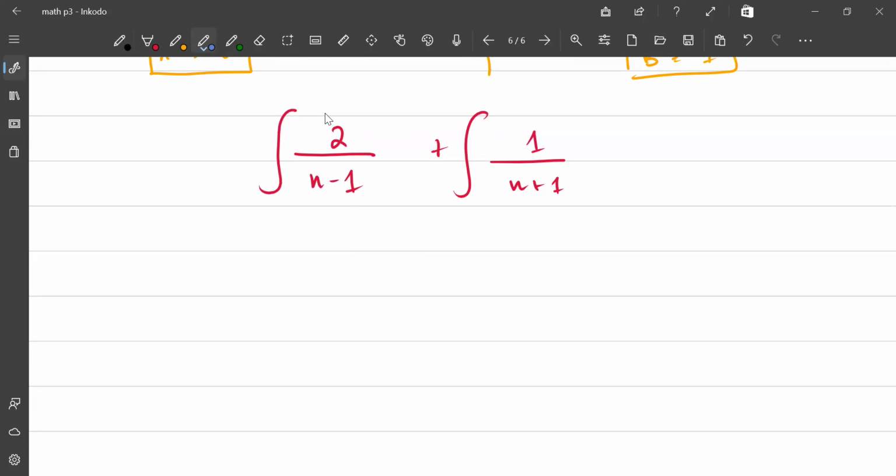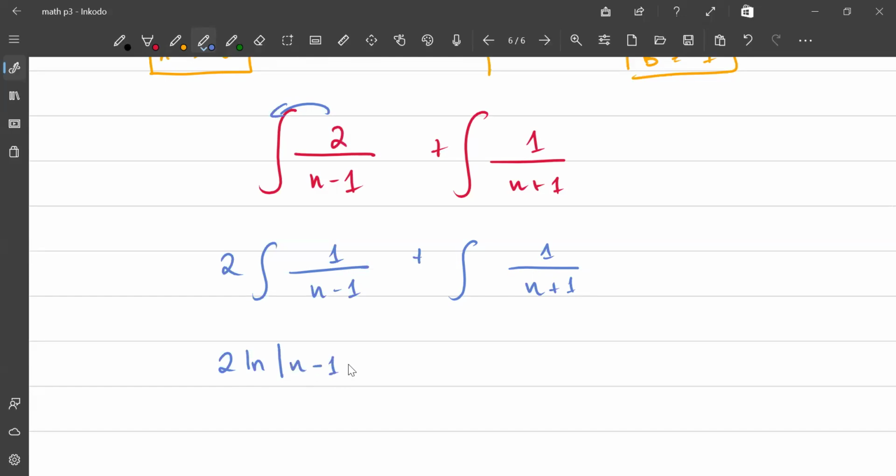So we are going to take 2 outside and we are going to rewrite it like this: x minus 1. And if we differentiate this, we have 1. So there's no need to rewrite it. So this would be 2 ln x minus 1 plus ln x plus 1 plus c.